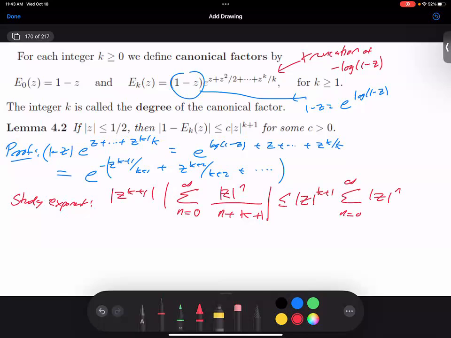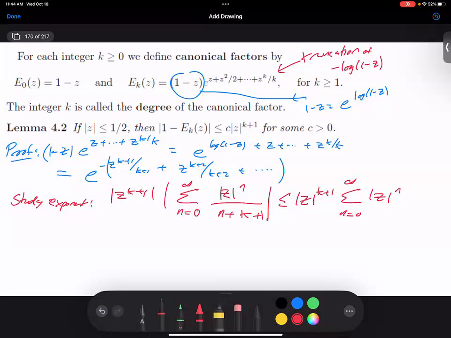Why do we need to require the absolute value of z less than or equal to 1 over 2? If it is less than 1, then this always works. Right? I want to be away from 1. I want to have the logarithm well defined. As long as it's strictly less than 1, you can make it work. Just to be safe, I'm going to stay a little bit away from 1.